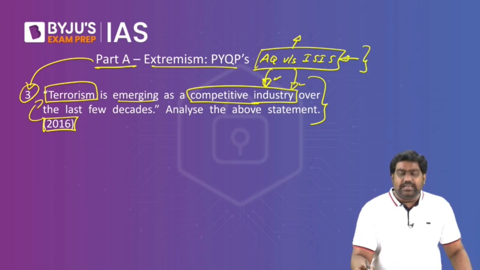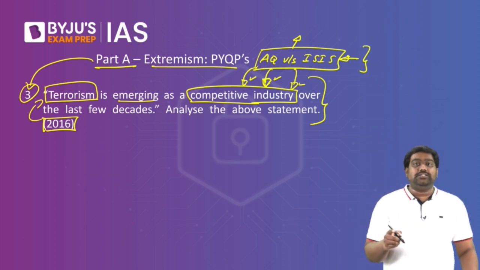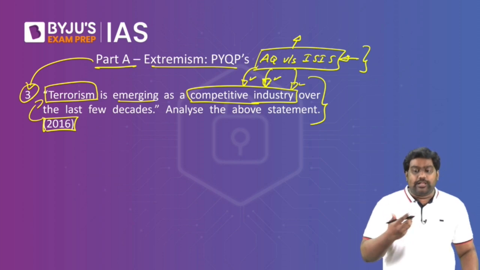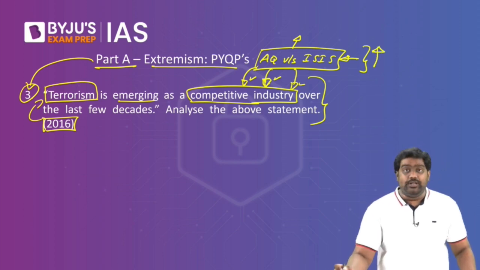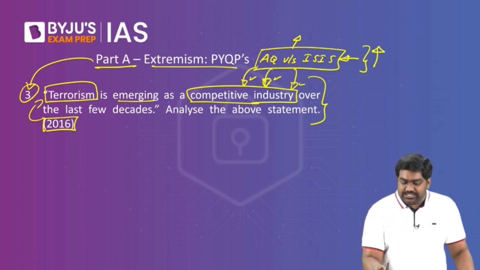Both the outfits are primarily inspired by radical ideology, but they do compete against each other to gain more appeal and more influence to drive up recruitment and donations, which increases their prominence as far as geopolitics is concerned.